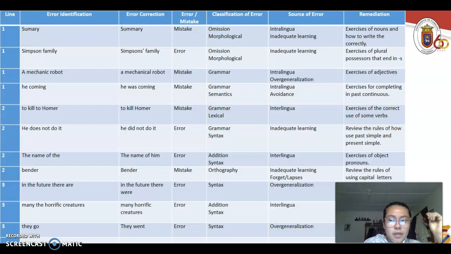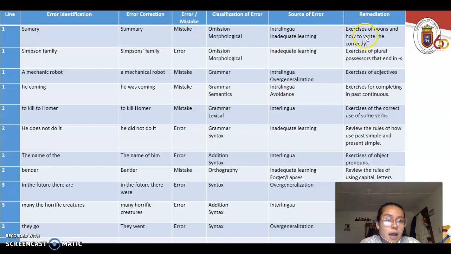So we have here two examples in which the student is missing a morpheme, so it's affecting the morphological part. The source of the error can be intralingual or inadequate learning, because intralingual are errors caused by the second language process, and the inadequate learning is caused by ignorance of the rule restrictions.